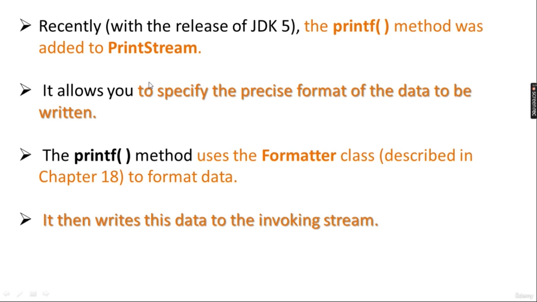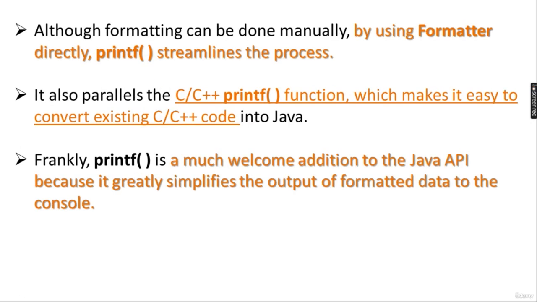The printf method uses the Formatter class, which in the previous chapter we have seen, to format data. It then writes this data to the invoking stream. Although formatting can be done manually by using Formatter, printf streamlines the process. Because printf is the easiest way to do this, and we have already understood it in C and C++ programming languages.